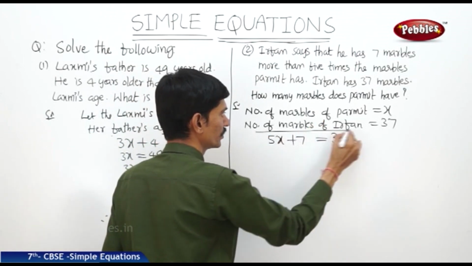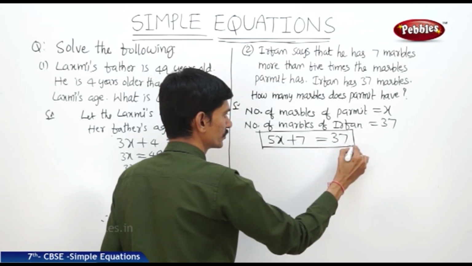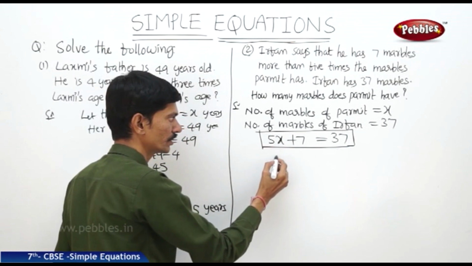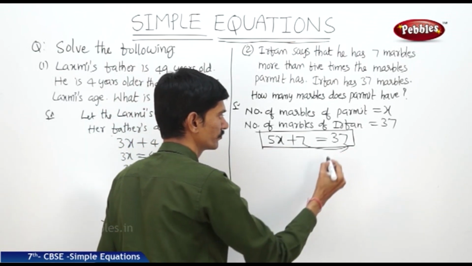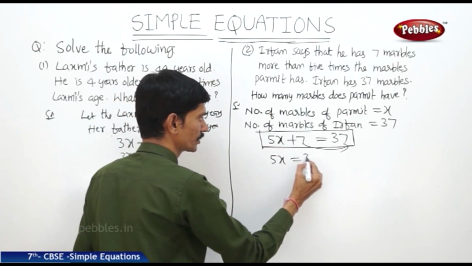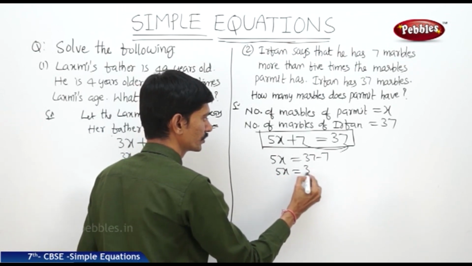Now this is the equation constructed based on the condition in the question. Then we will solve this equation to get the x value. So let us transpose plus 7 to the RHS. So 5x equals 37 minus 7. So then 5x equals 30.